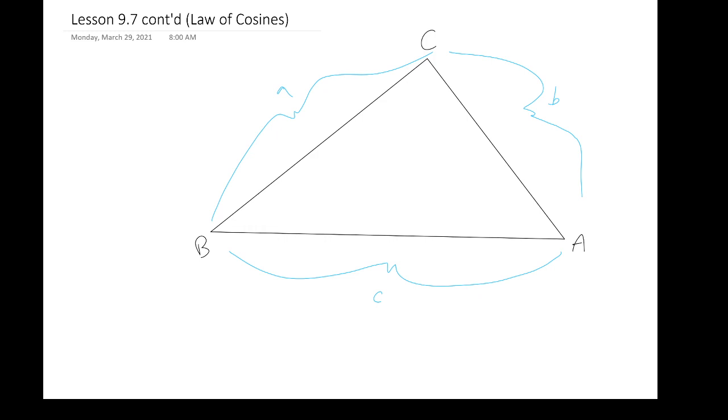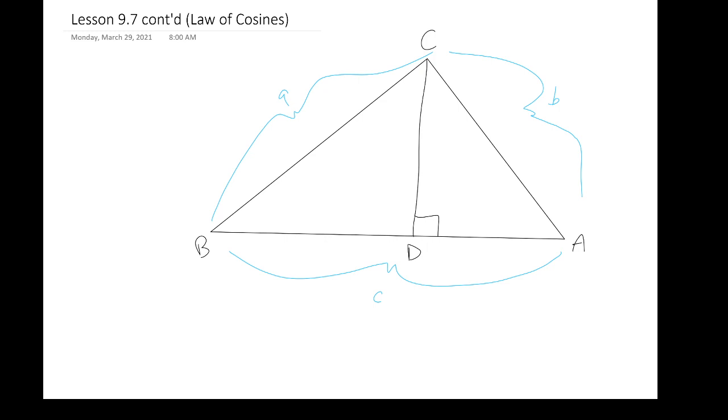All right, so just a little notation point. We're going to drop another altitude, just like we did when we did the proof for the law of sines. Okay, so here's our altitude, and this is at D.